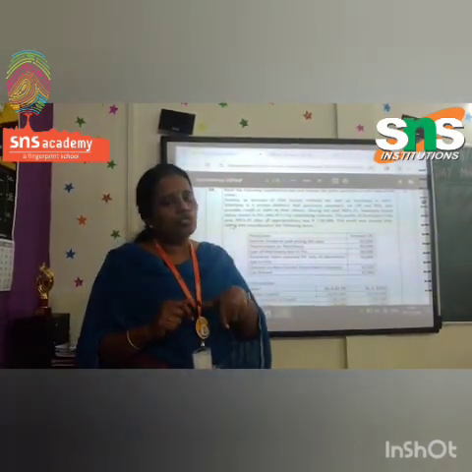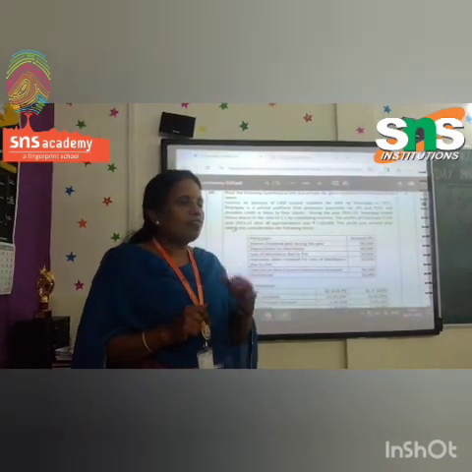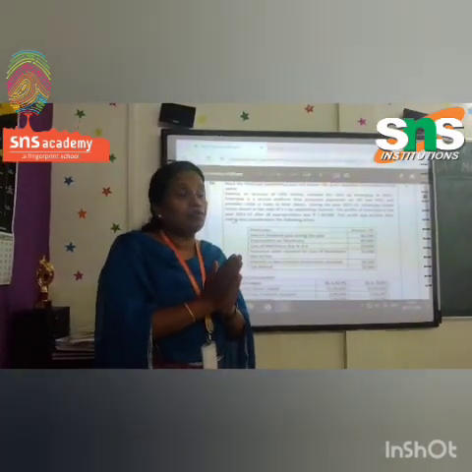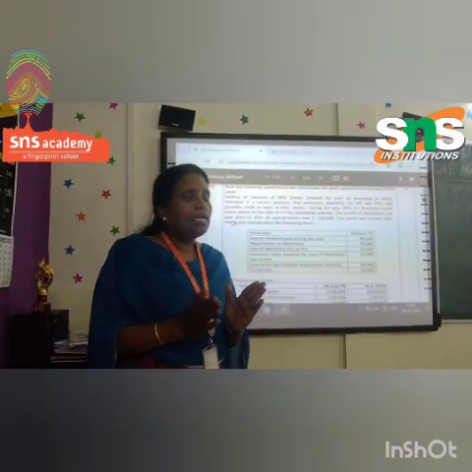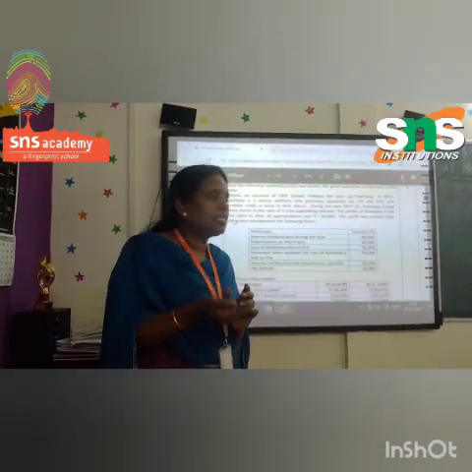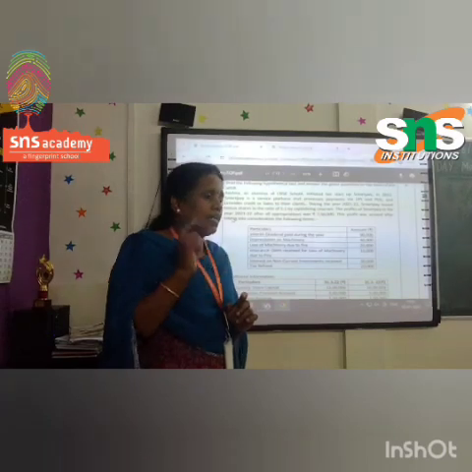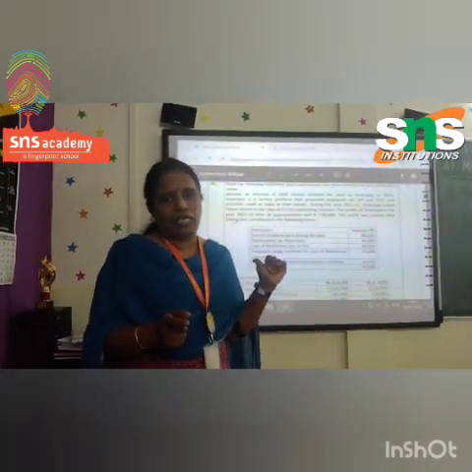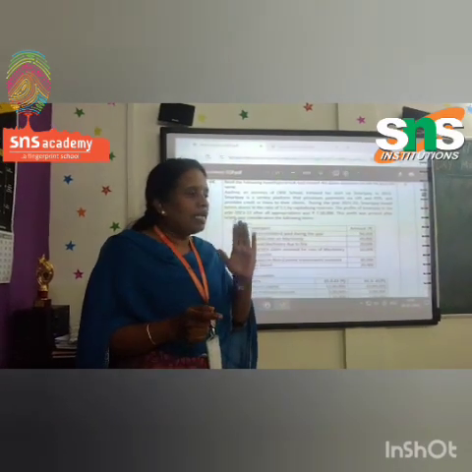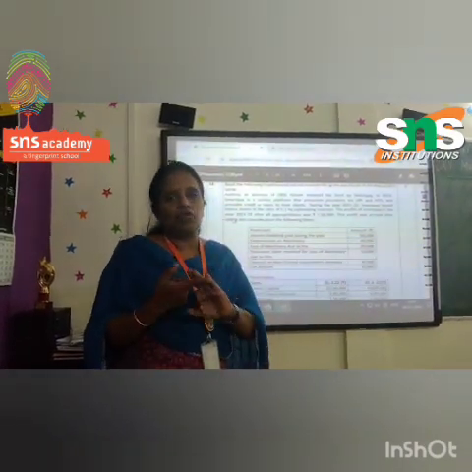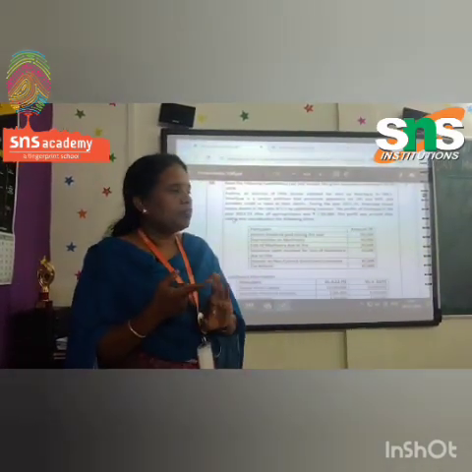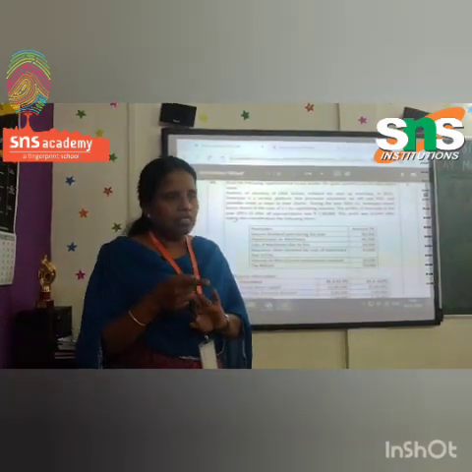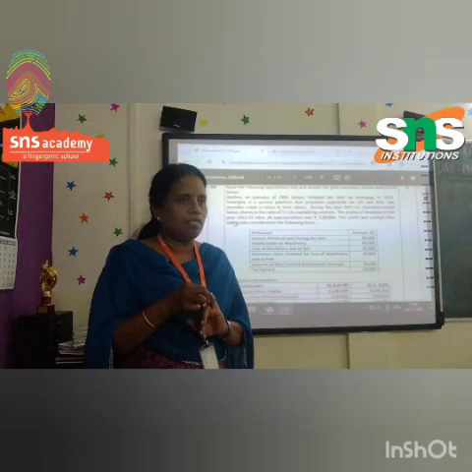So using this cash flow statement, we can analyze the company's balance sheet and different types of activities, right? Different types of activities, cash inflow and cash outflow of a business, okay? And in this, there are three types of activities: operating activity, investing activity, financing activity, right?